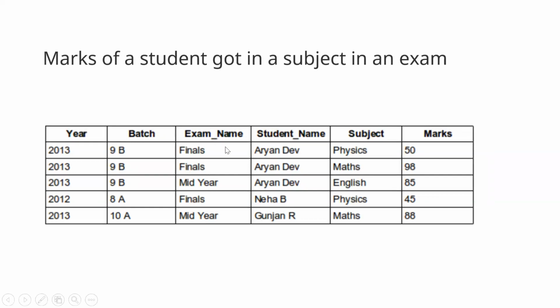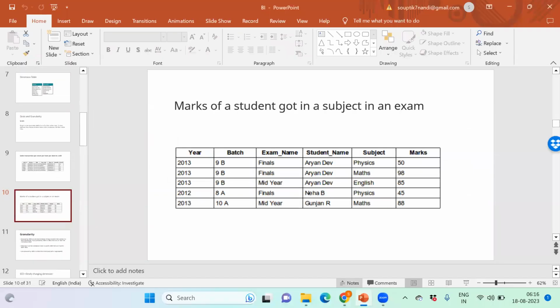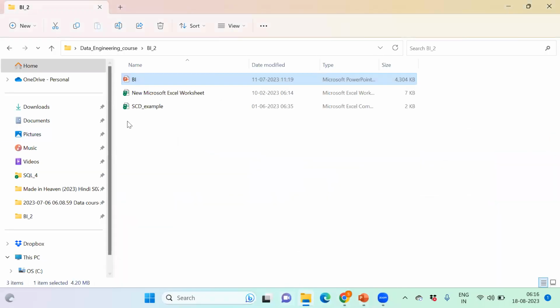Suppose I am doing one more thing. I'm removing the exam name column. Let me copy this and give you an example of grain.